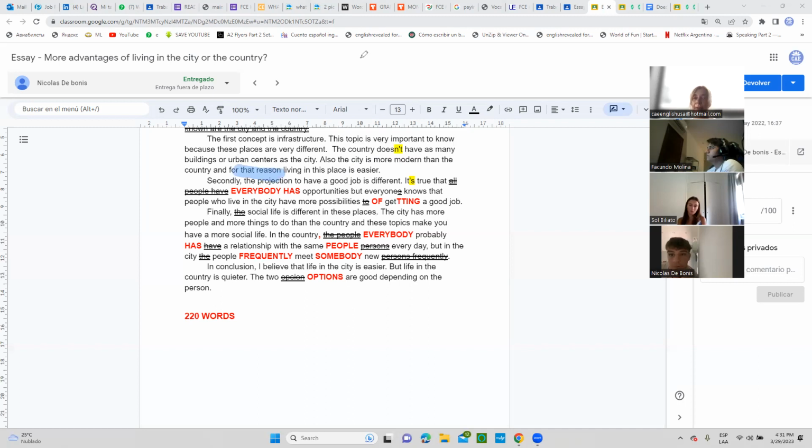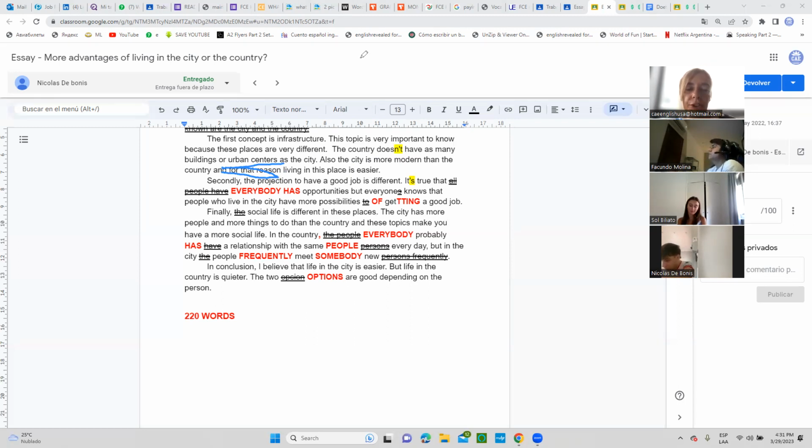Good. Very good. You have one word replacing three words. In fact, you can replace maybe four words because we can put: In addition, comma, the city is more modern than the country. Full stop. Therefore, living in this place is easier. Okay?